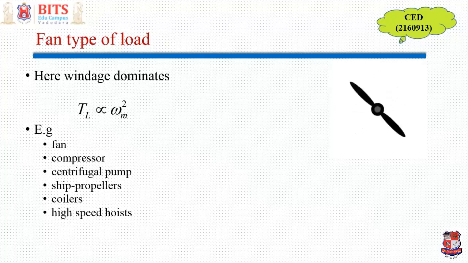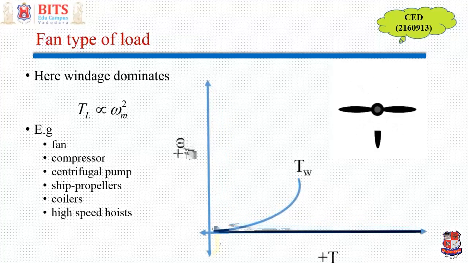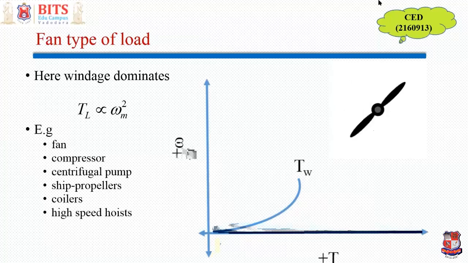Fan, compressor, centrifugal pump, ship propellers, coilers, high-speed hoists, all are examples of fan type of load. Very common and very popular type of application. And this is how the fan type of load characteristic is there, right, which we have already shown in the case of windage, right?